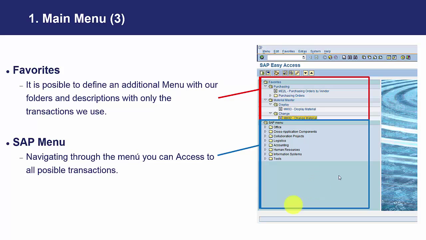Normally, it's going to be easier to create a favorites menu or to use an SAP user menu that is configured normally for each workplace, for each job. We can have a different user menu which is going to be a menu like this one, but only with the transactions that are going to be used by that job.